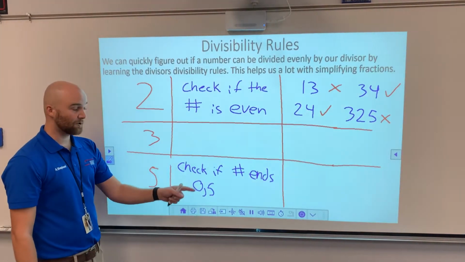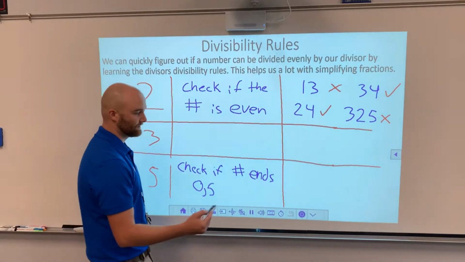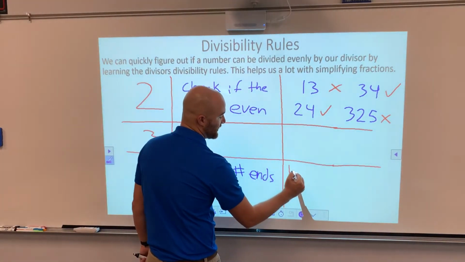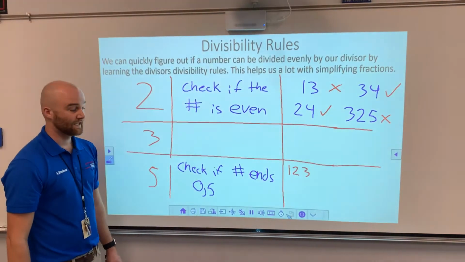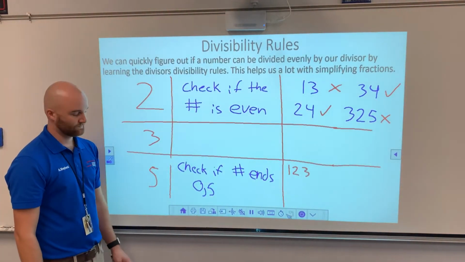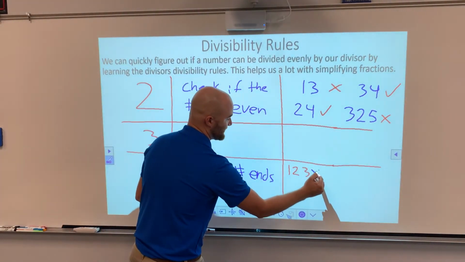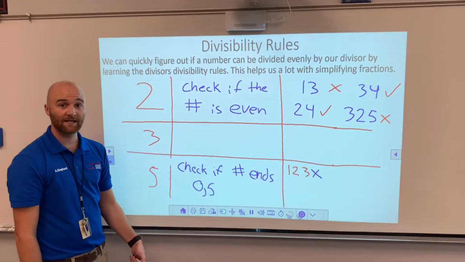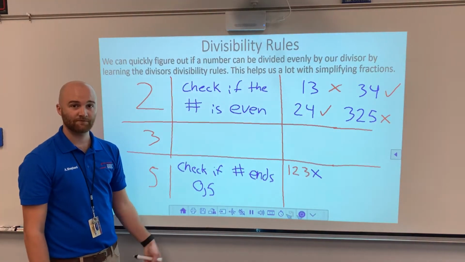If it ends in a 0 or a 5, it's going to be divisible by 5. So let's look at an example. I've got 123. Is that divisible by 5? It doesn't end in a 0 or a 5, so our answer is no. We can't divide that by 5 and get a nice, neat number. If we divide it by 5, we're going to end up with some decimals or some fractions.